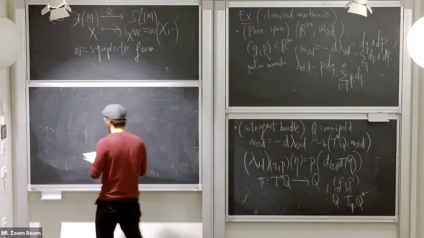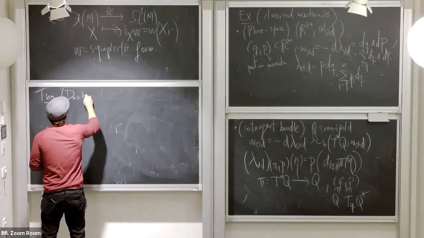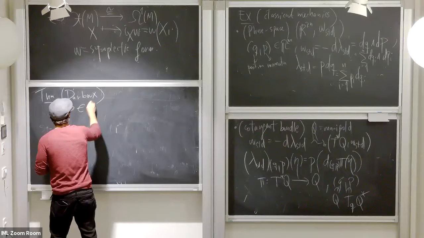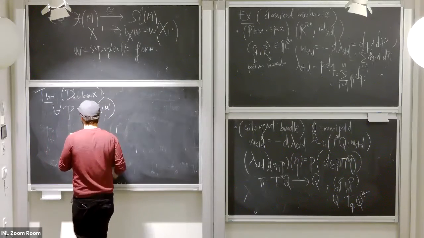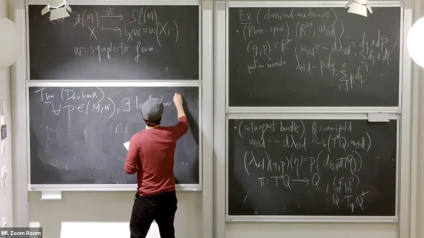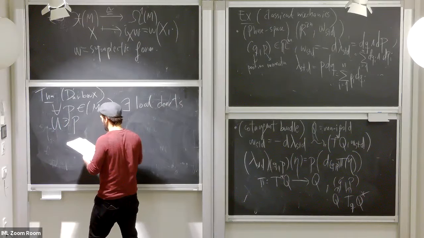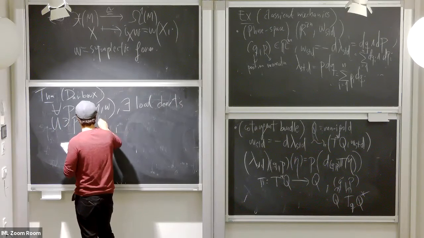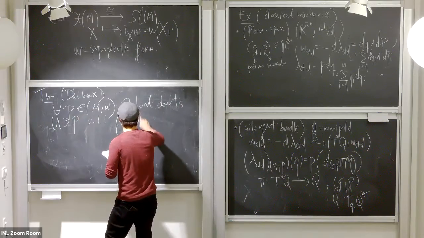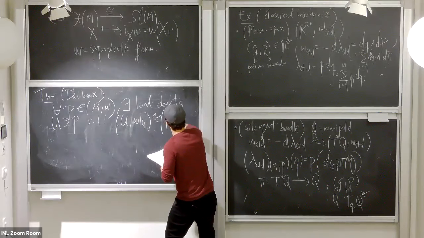So we have the following theorem due to Darboux, which says that for every point P in a symplectic manifold (M, omega), there exist local charts, so a local chart U containing P, such that if I restrict omega to U, this is isomorphic to phase space.